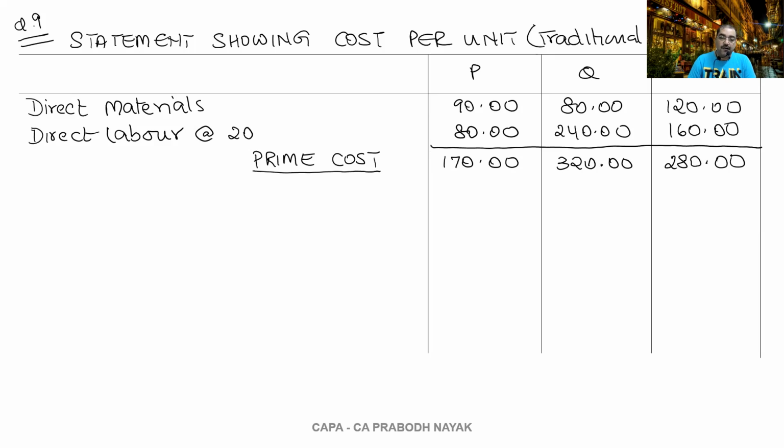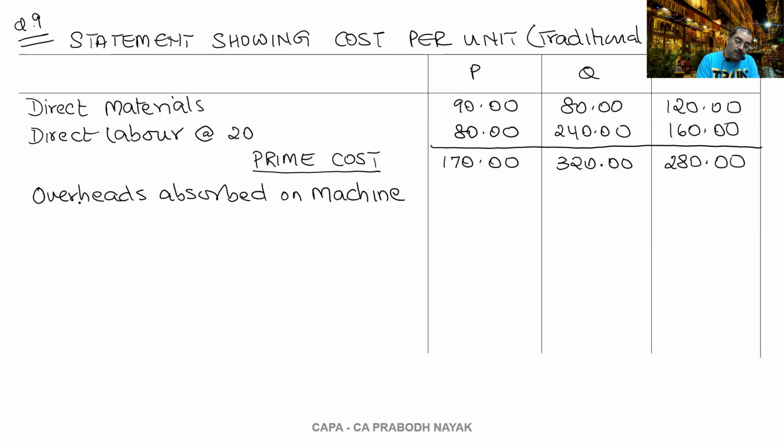And since it is traditional costing, all the production overheads are calculated on the basis of machine hour, and the machine hour rate is 6 rupees per hour. So overheads absorbed on machine hour basis.